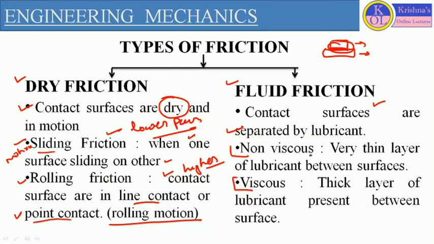So non-viscous is representing the viscosity of the fluid present between two contact surfaces. If a very thin layer of lubricant is present between the surfaces, at that condition we will consider non-viscous friction. And when a very thick layer of lubricant is present between the surfaces, at that point we consider viscous friction.